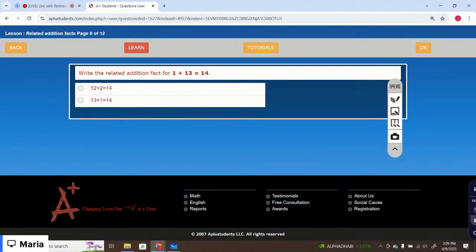That is 13 plus 1 equals 14. Option number 2 is the correct option.